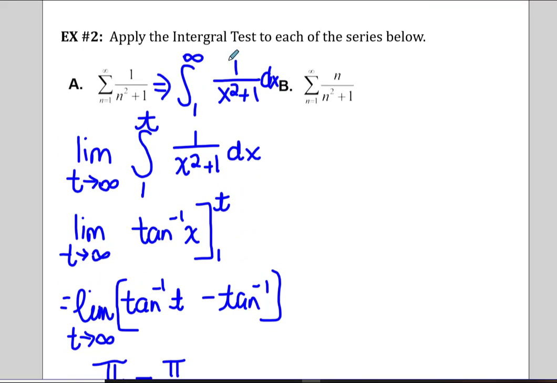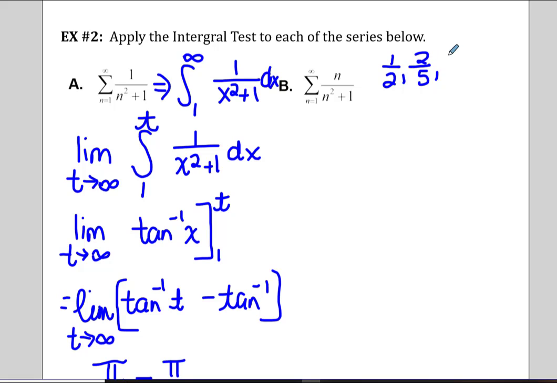In example B, we're looking at the summation from 1 to infinity of n over n squared plus 1. And again, I want to consider, is that function continuous, positive, and decreasing on our interval? So again, applying the rule without going to the calculator, if n is 1, we have 1/2. If n is 2, we have 2/5.